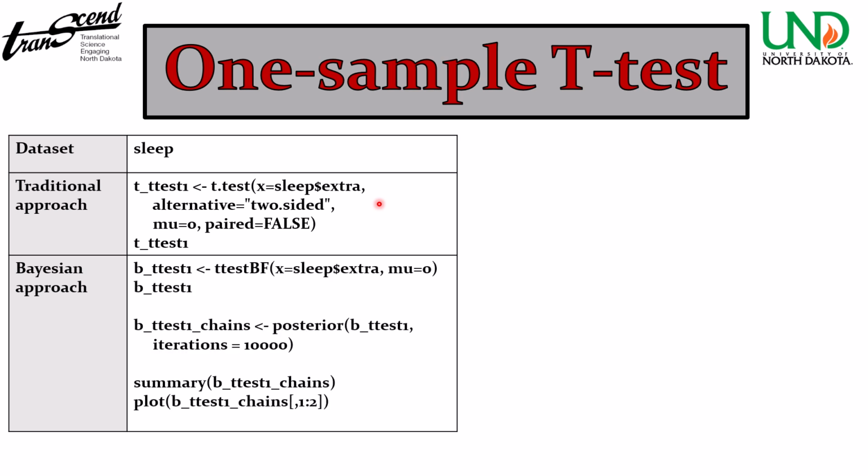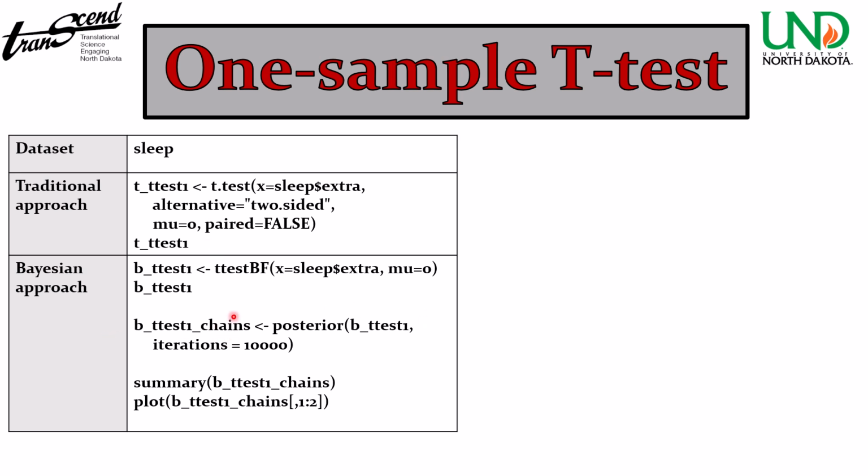Now the Bayesian approach: there is this BayesFactor package in R, which is really helpful and has a lot of ways to get Bayes factors that is very close to how the format of the standard test is made. So we can create a variable called bttest1, and we're going to use this function ttestBF, so Bayes factor, where x is sleep extra, and our constant is mu.